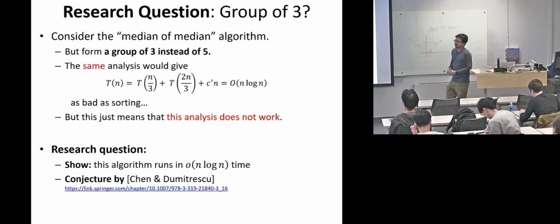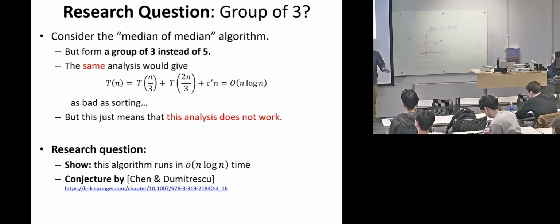And yeah, the question that you asked, about groups of 5, what about 3? If we follow the same analysis, you're going to get this kind of recurrence. This recurrence will give you n log n, which is as bad as sorting. However, it doesn't mean that it's a bad algorithm. It just means that this analysis gives you n log n.